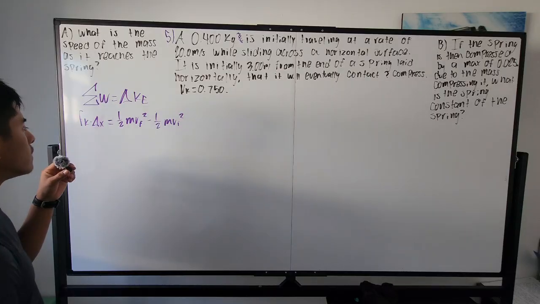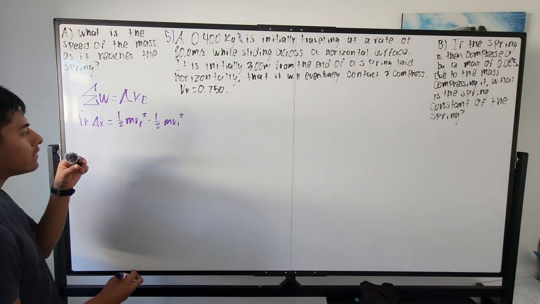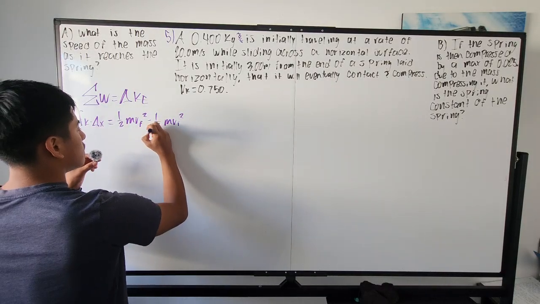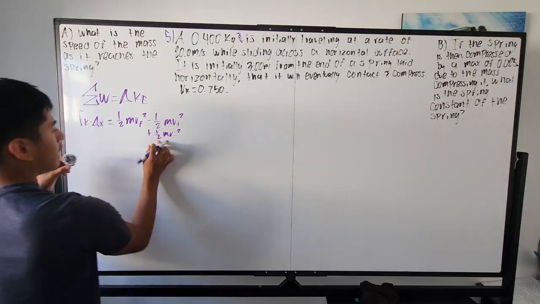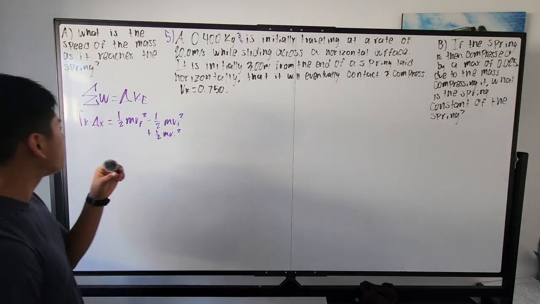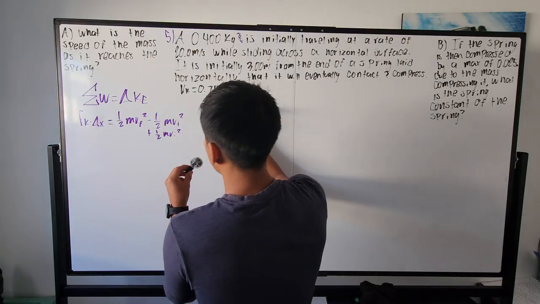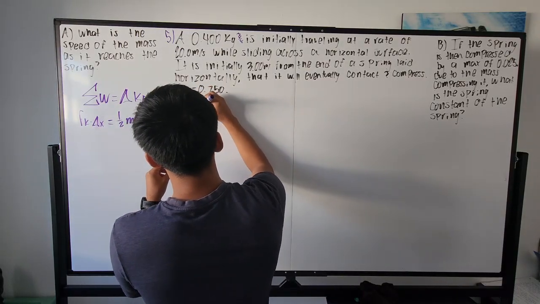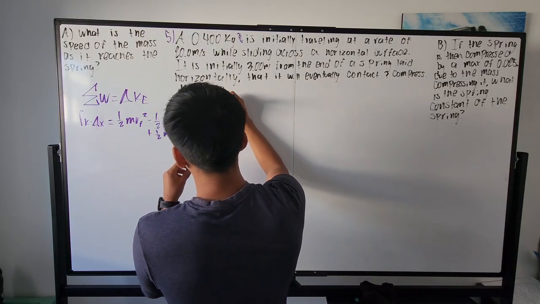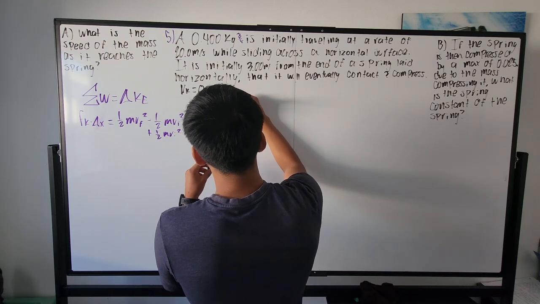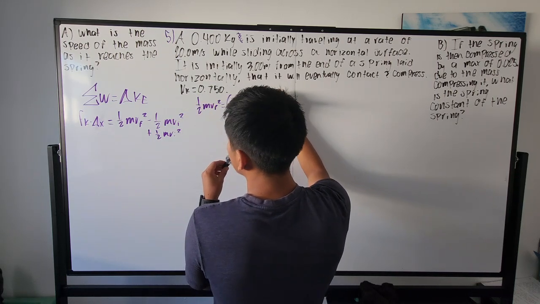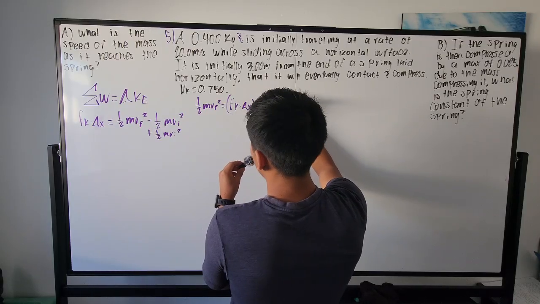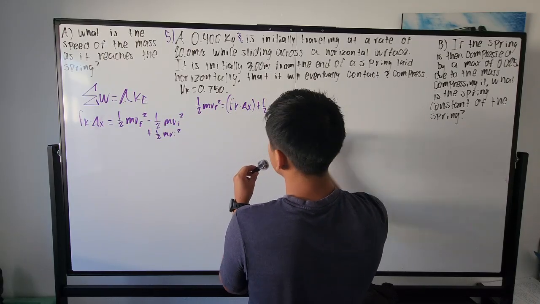Now here I'm going to isolate for this v final because that's what I want. So I'll add 1/2 mv initial squared on this side as well. So then I'll have that 1/2 mv final squared is equal to the work done by friction plus 1/2 mv initial squared.